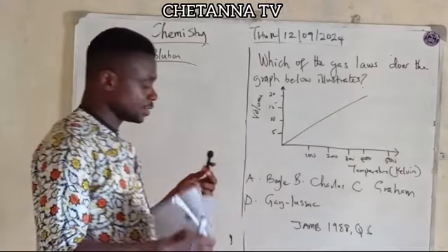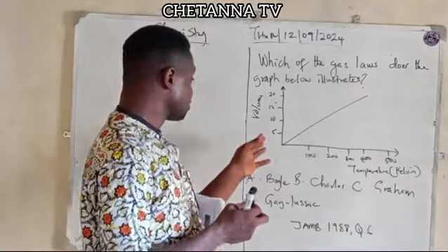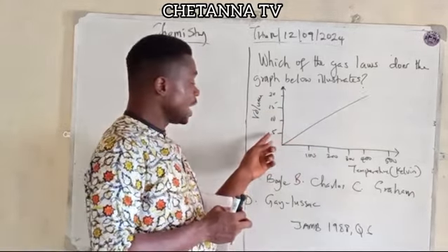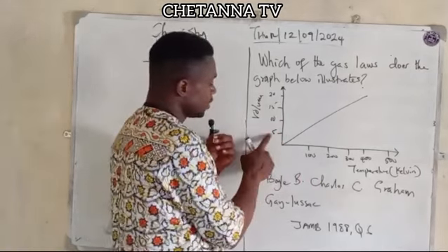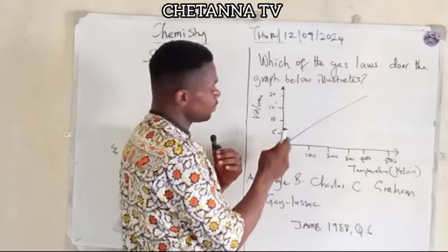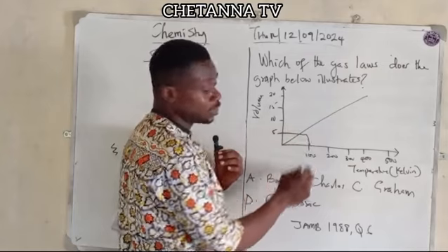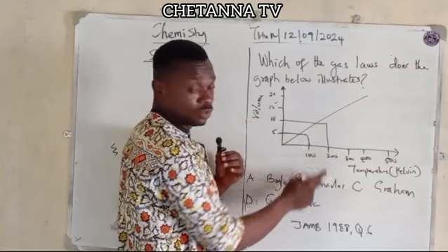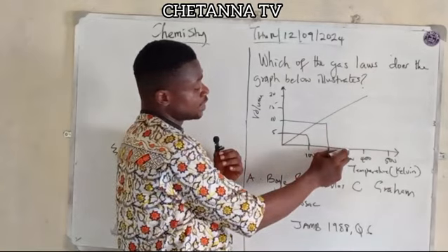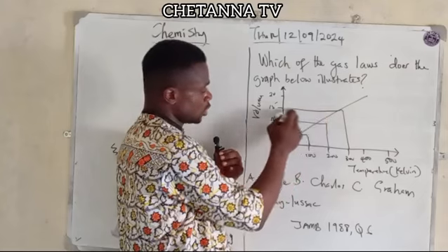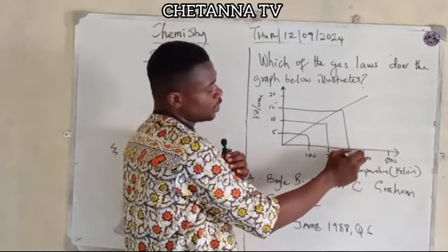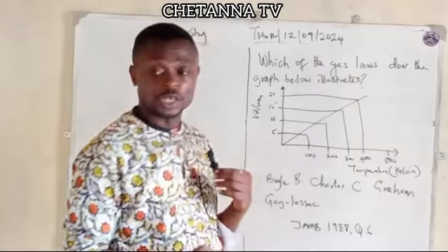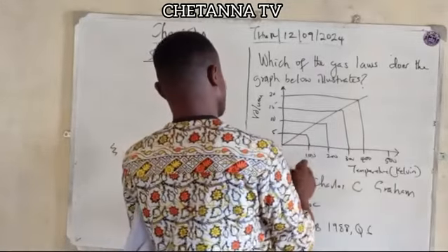Even though they didn't mention pressure, what we can see from the graph is that when volume is 5, temperature is 100. When volume increases to 10, temperature increases to 200. At temperature 300, the volume increases to 15. At temperature 400, the volume increases to 20. So as the temperature is increasing, the volume is increasing. Is it clear now? So the answer is Charles' law.